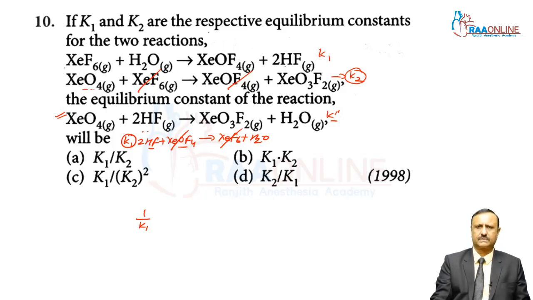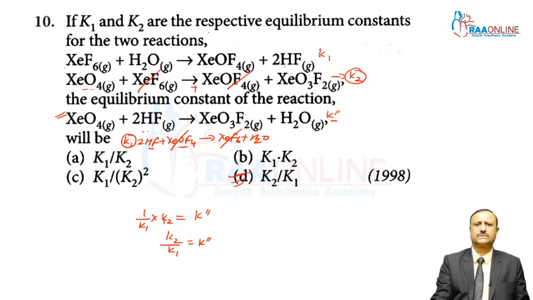When you reverse and add both with each other, it means 1 upon K1 multiplied by K2, and then you get K double dash. So this is the answer of question number 10: K2 upon K1 equals K double dash. You can go to answer D.